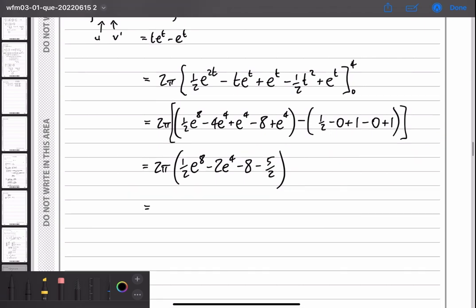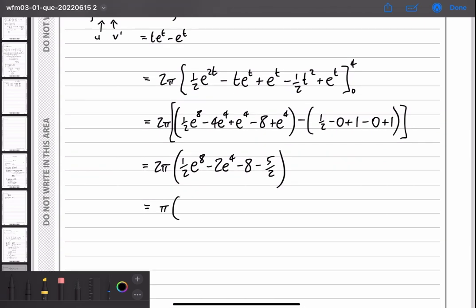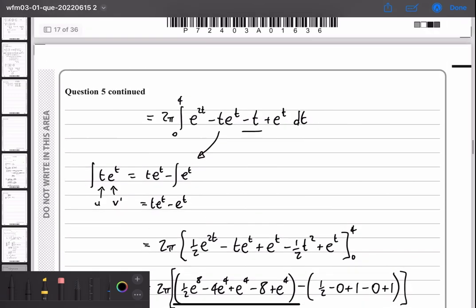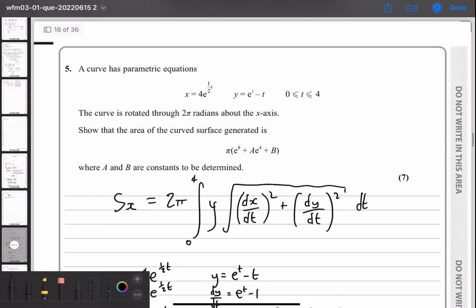And that gives us pi lots of e to the 8 minus 4e to the 4 minus 16 minus 5, which is minus 21.